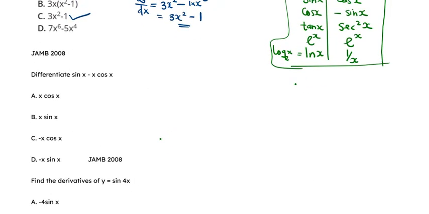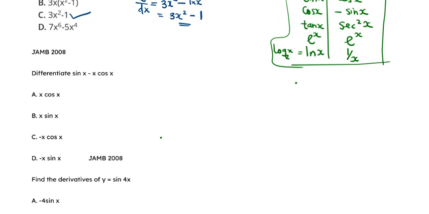Now, you should be familiar with some cases of when we have functions multiplying themselves, or when we have two different functions dividing themselves. A typical example is like this case, where we have sine x minus x cos x.